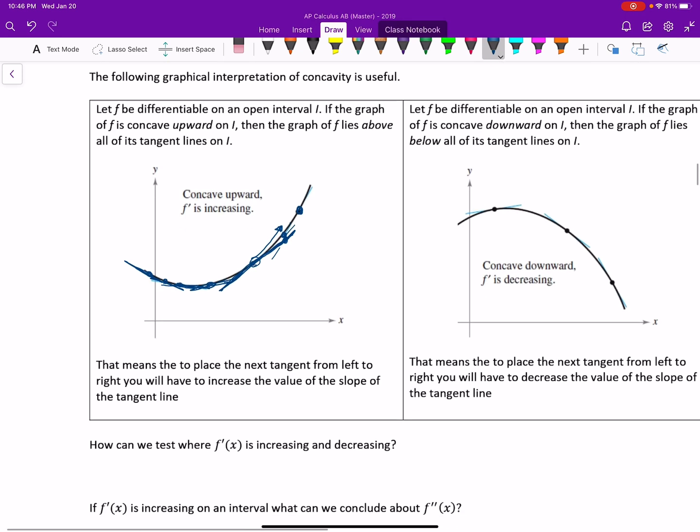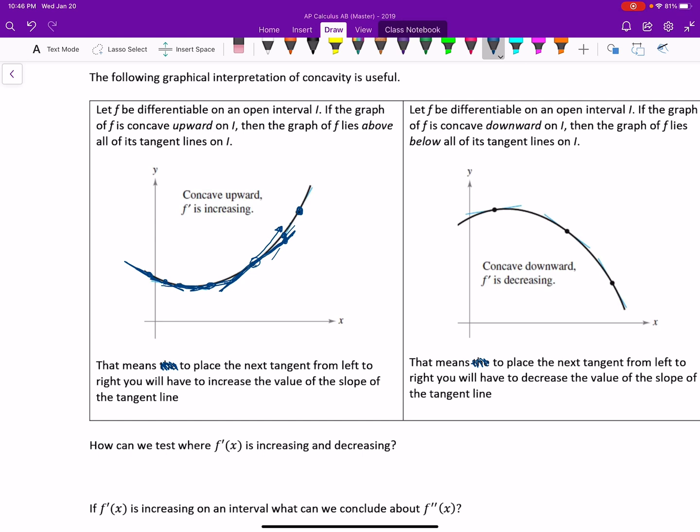So to place the next tangent line from left to right, you will have to increase the value of the slope of the tangent line. This is a typo; I should take the out. That's when it's concave up. So the slopes are increasing in value.